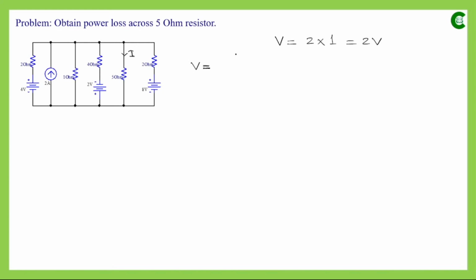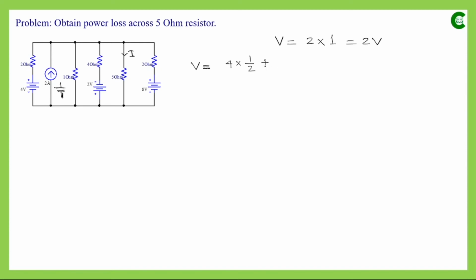The voltage value of the first branch is 4, and the conductance value will be 1 by 2, and since the positive terminal is connected with the load resistor, it will be taken as the positive value. The current is flowing in this direction for the current source, so the polarity of the voltage source will be like this, so it will again be taken as positive. So the voltage value, as we have obtained, is 2 volts.